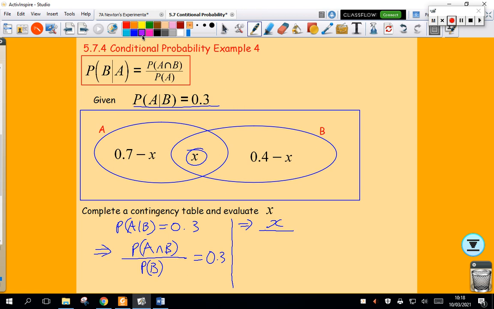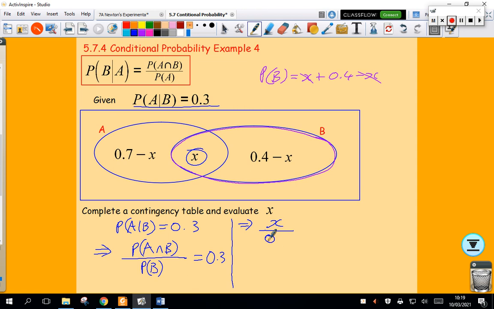Now, B involves this whole loop, which has two regions in it. So the probability of B will be the sum of these two regions. It'll be X plus 0.4 minus X. So the probability of B here is going to be X plus 0.4 subtract X. It's the sum of these two regions, which is going to be 0.4.